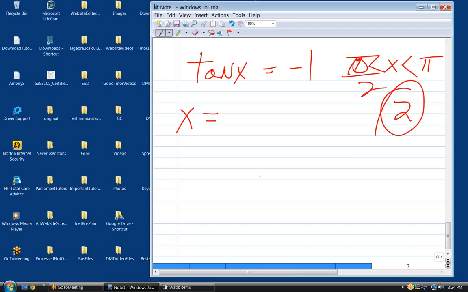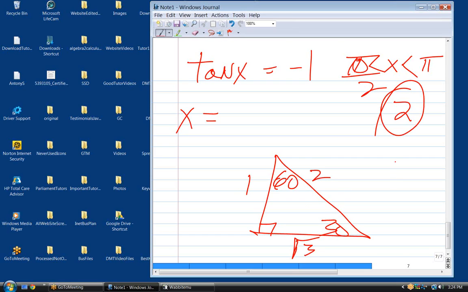Well, let's refer to our two triangles. This is our 30/60, which is 1, square root of 3, 2. And the other important one is the 45/45. When they say do these without your calculator, you know that it's one of these angles. So is it 45? Yes. In other words, the tangent of 45 is opposite over adjacent, which would be 1.